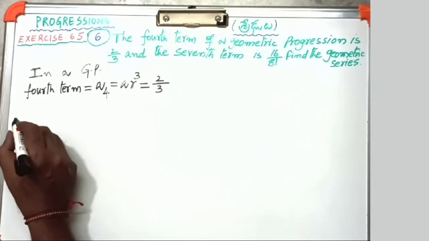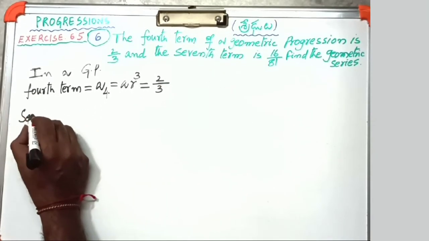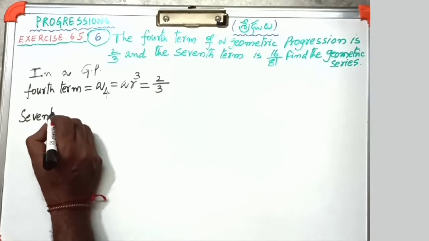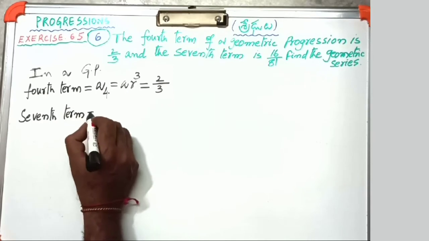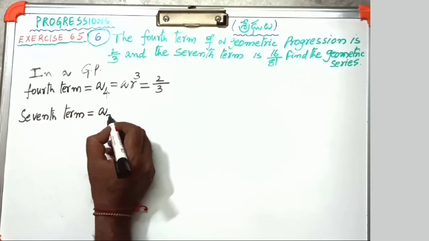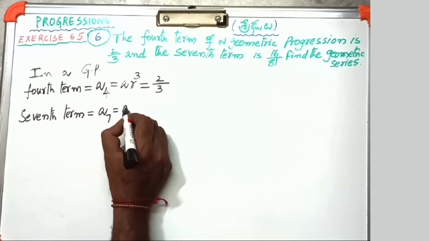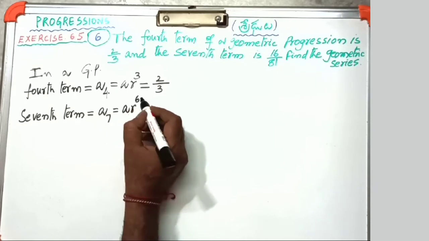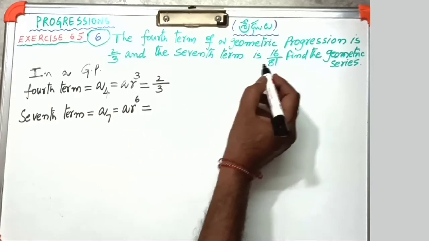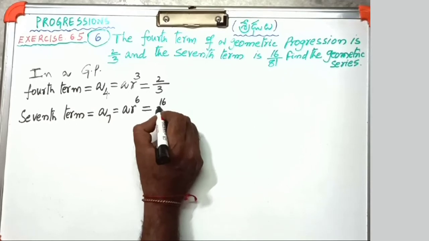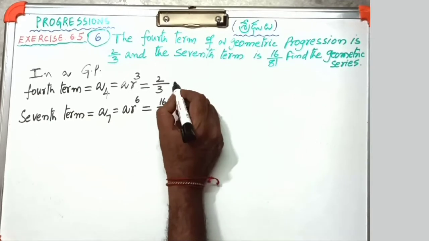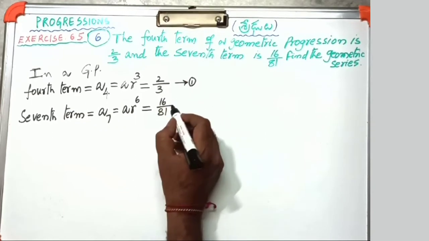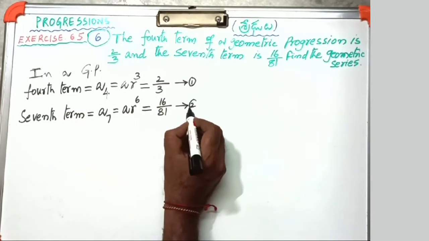And next, the seventh term is denoted by A7 and the formula is AR to the power of 6, that is equal to 16 by 81. So say this is 1 and this is 2.